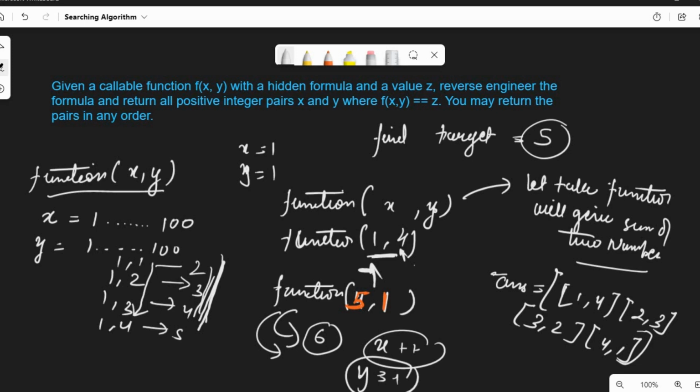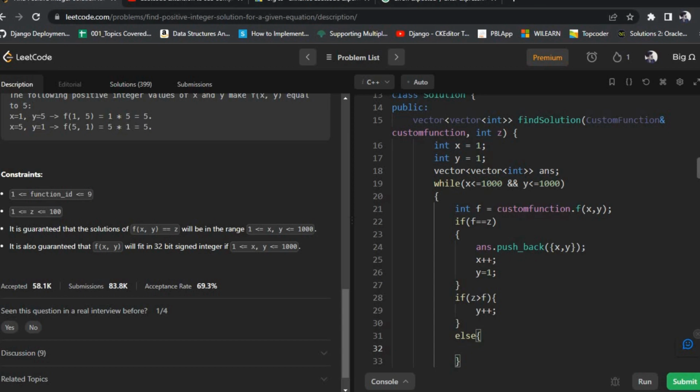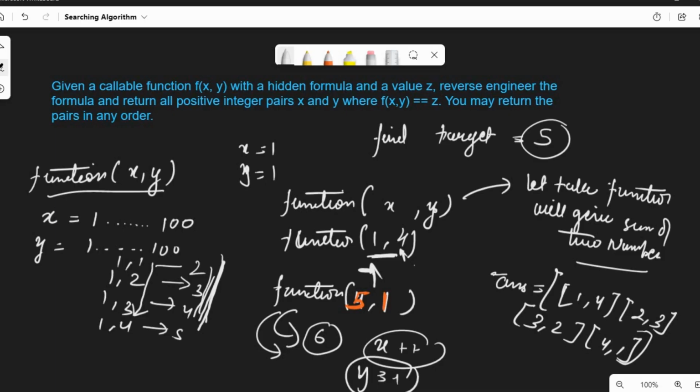Or we can break it here, because there is no use if the answer comes greater than this, but there is also a chance. Yeah, we can break it.